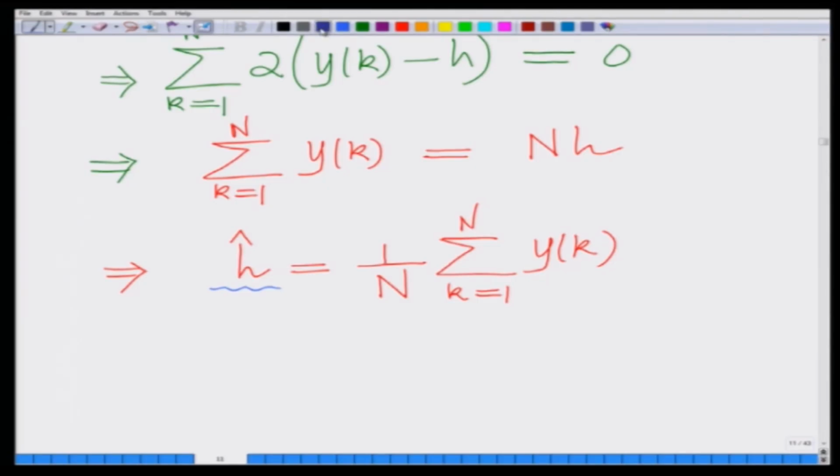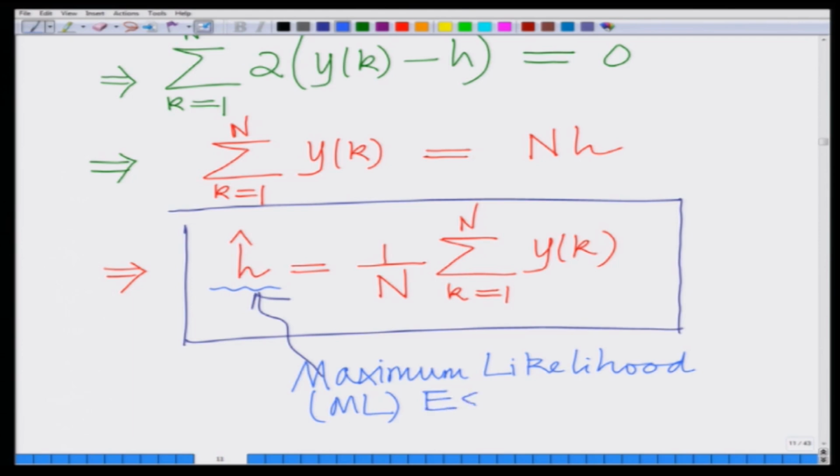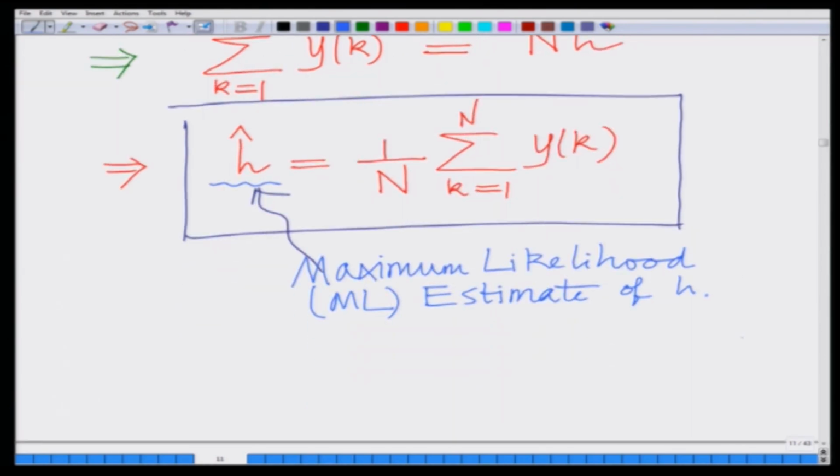Let me write this clearly, this is the maximum likelihood or ML estimate of h, and one can also denote this by subscript ML to denote that this is the maximum likelihood estimate.